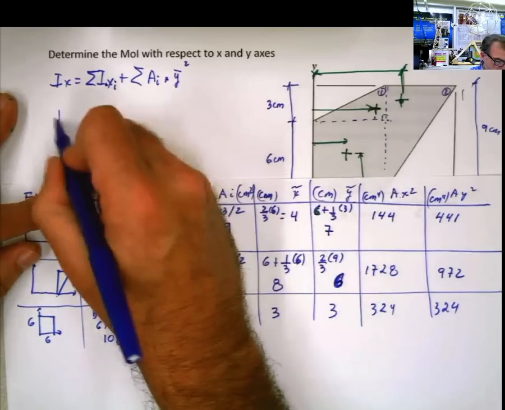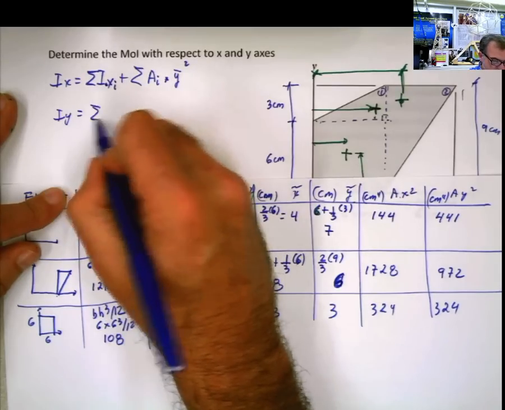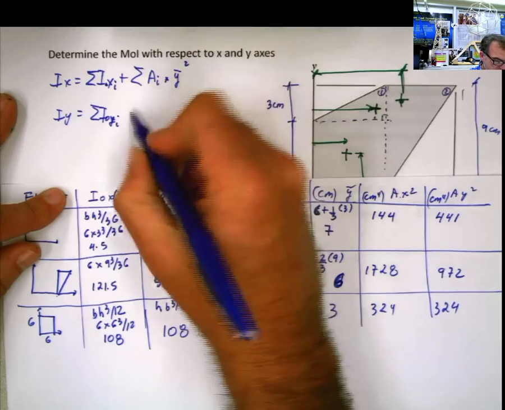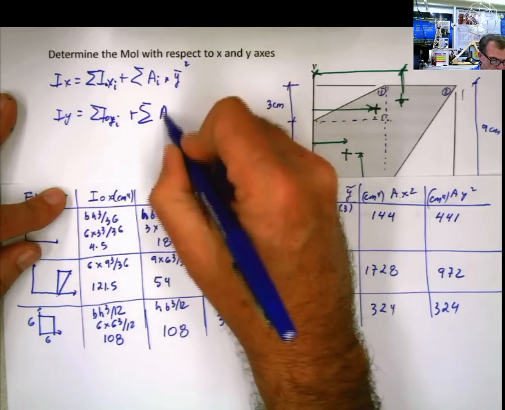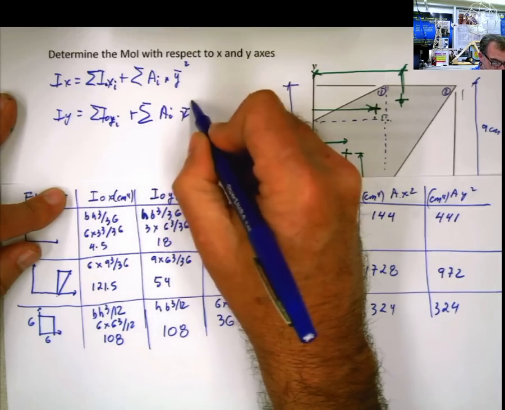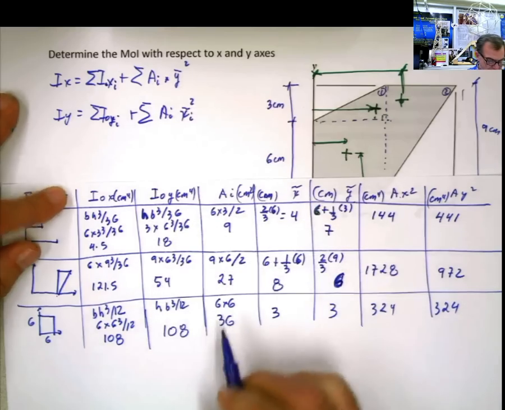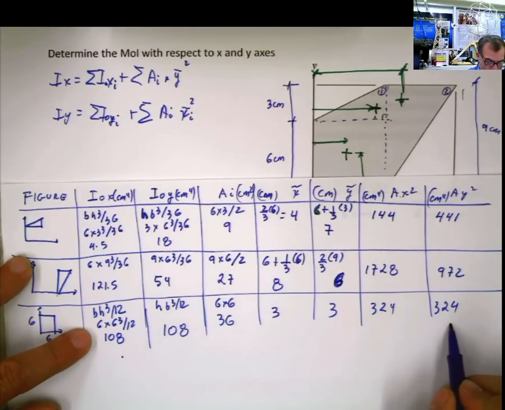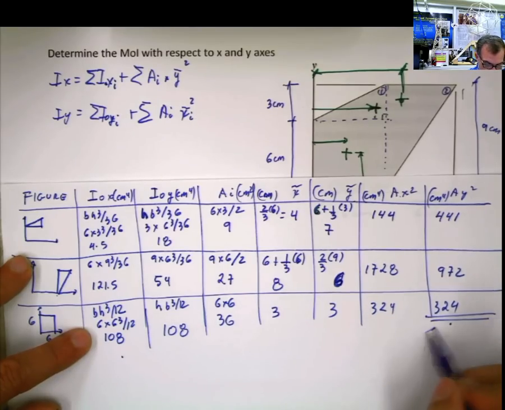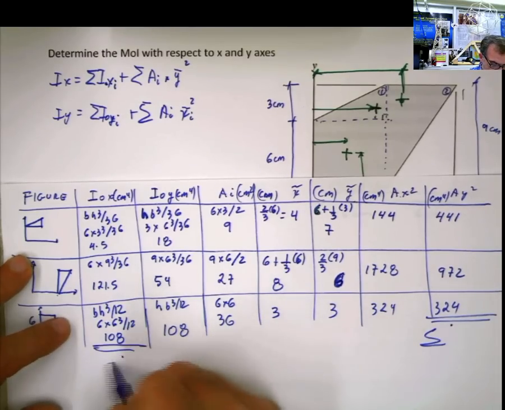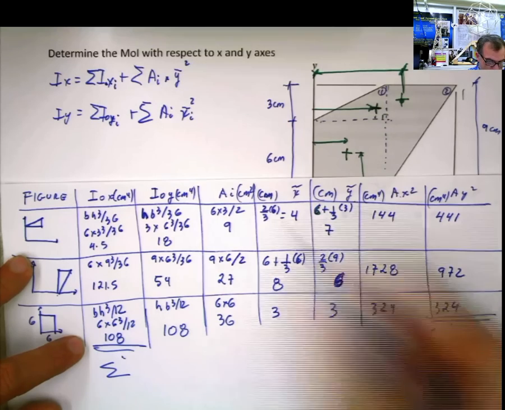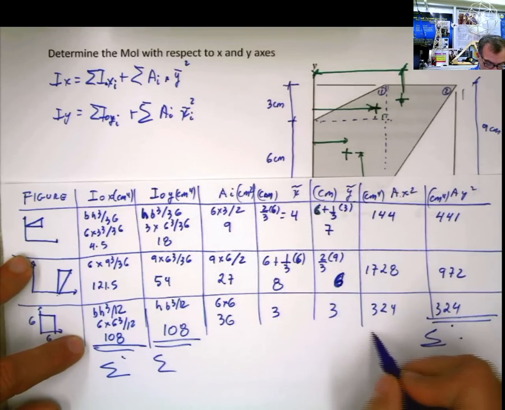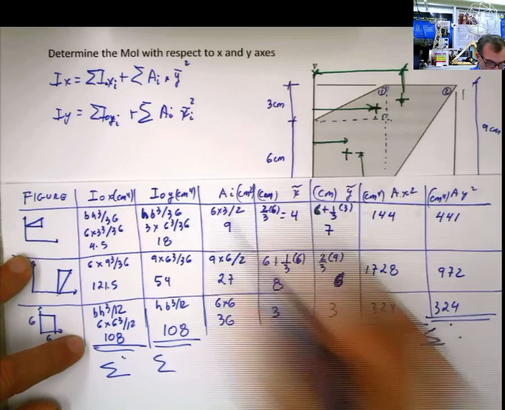And for y is going to be the summation of all the I sub 0 y plus the summation of all the A times that distance squared. So if I get this I sub 0 x with this summation here, these two will give me this, and then when I do this summation and this summation, that will give me that.